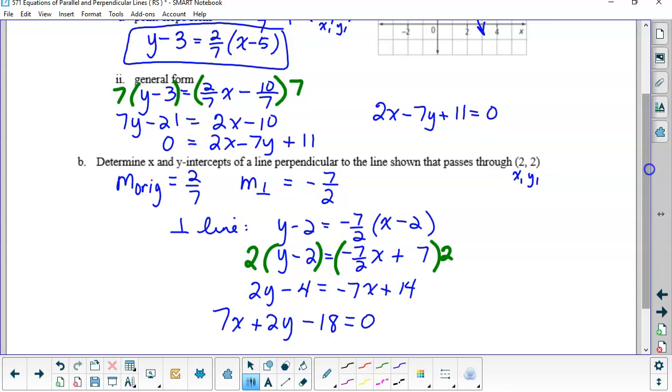And so my x-intercept is when y is 0. So if you take a look at that, when y is 0, you'll get 7x plus 2 times 0 minus 18. So if that goes to 0, you'll get 7x equals 18.